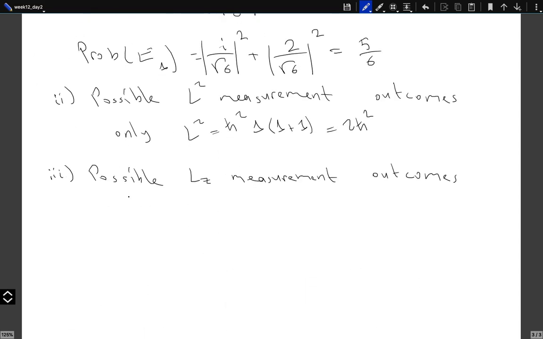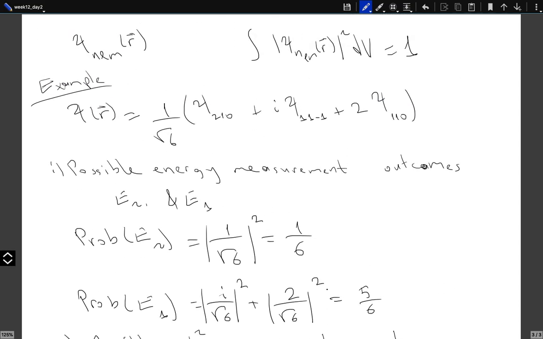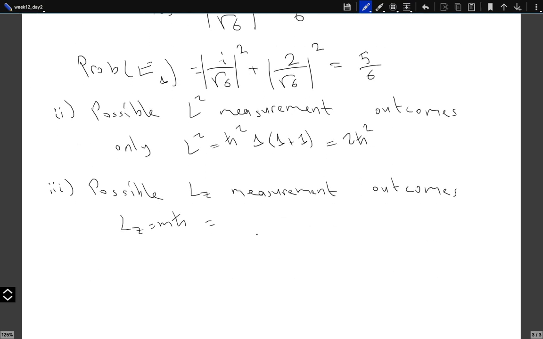Well, Lz is given by m times h bar, determined by the m value. The possible m values over here are 0 and -1. Those are the two outcomes. These are the only possible values.